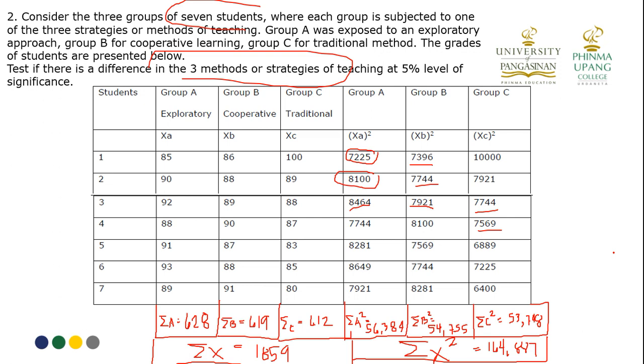Let's move on to step number 1. Step number 1, syempre, HO is equal to, constant yan. Palaging ganyan. Kasi tatlo yan.